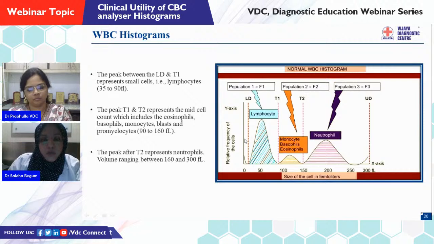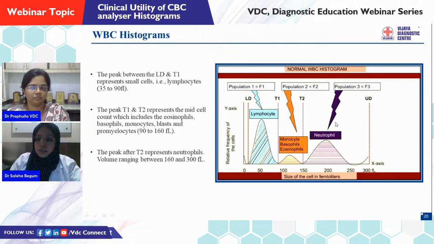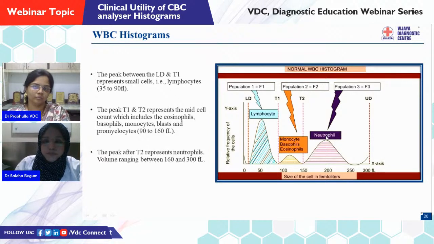The peak that falls between the lower discriminator and T1 is the small cell population, which is usually lymphocytes. The peak between T1 and T2 is the mid cell population, which is monocytes, basophils, and eosinophils. And the peak between T2 and the upper discriminator is the large cell population, which is neutrophils.